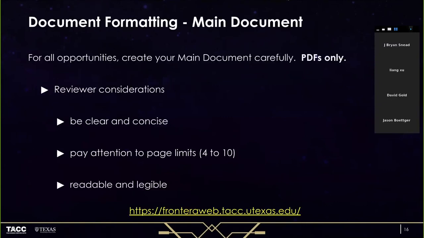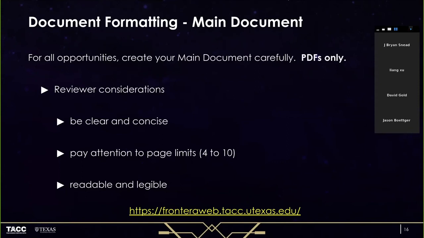When you come to formatting your document, again, try to remember that it's going to be reviewed by human eyes. So you want it to be clear, concise, and readable. You want it to be legible. You want them to be able to read it quickly. Pay attention to page limits. Startups, education, and discretionaries have a page limit of 4, not 10, 4.